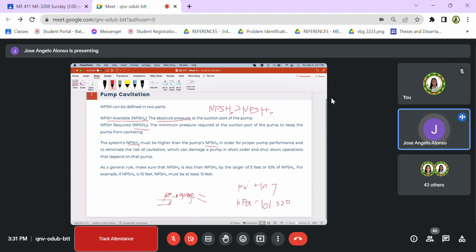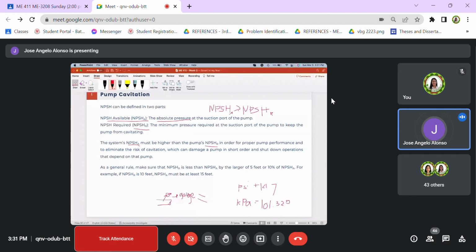So once nakuha na ng mga engineers ang value ng NPSH na available sa system, maghahanap kayo ng right size ng ating pump, which is greater dapat yung net positive suction head available dun sa binibigay ng designer or ng supplier na net positive suction head required ng pump na yun.